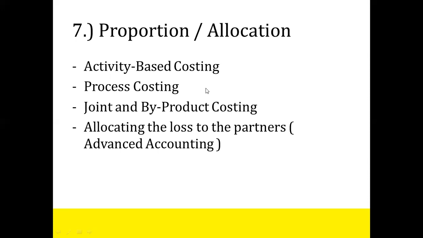And in case that there are abnormal spoilage, magkano ang i-allocate natin sa abnormal spoilage? So that is process costing. Pag joint and byproduct costing naman, how do we allocate the cost to joint products? So ano na naman? Allocation. How do we allocate the cost to different joint products?